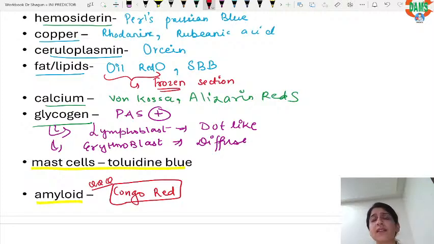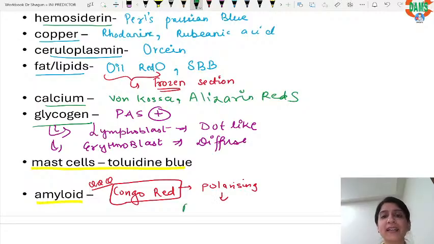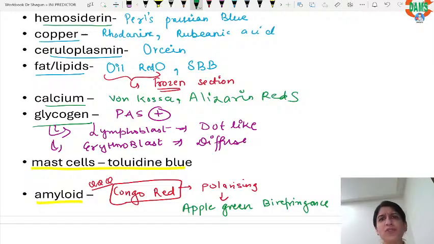Those are the other stains, but the most important one that I want all of you to remember is Congo red. And we all know that Congo red on polarizing microscopy will give a characteristic apple green birefringence. These are the important classical questions which I want all of you to please remember.